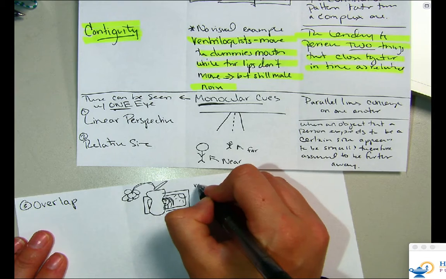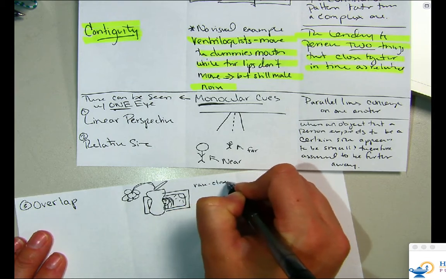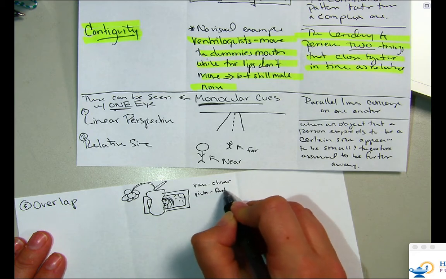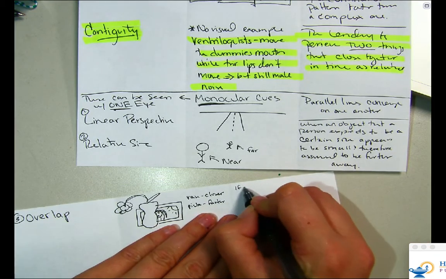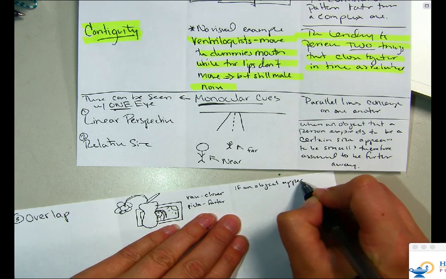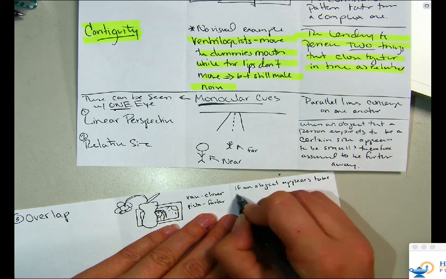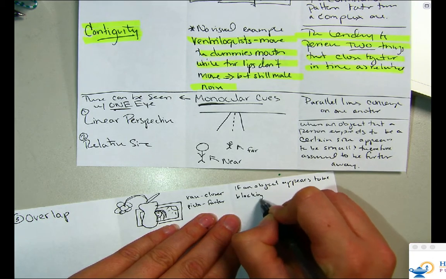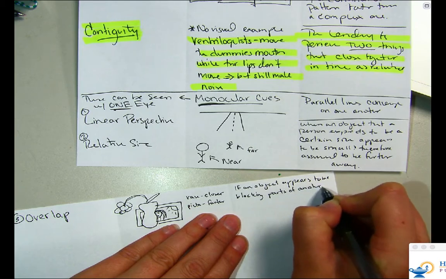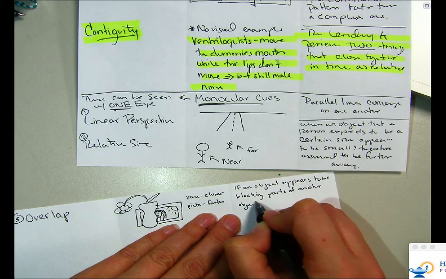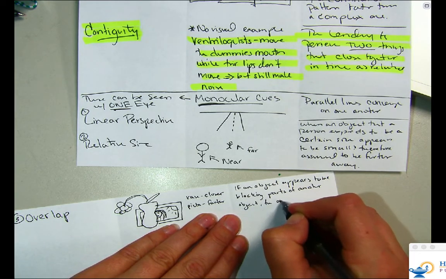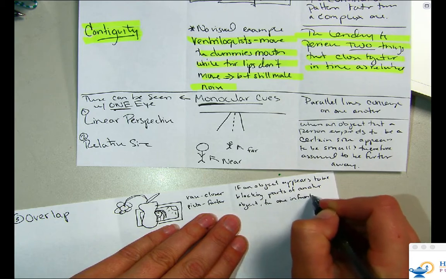We assume that the vase is further or closer? Closer, and the picture is farther. Okay, if an object appears to be blocking parts of another object, the one in front is closer.